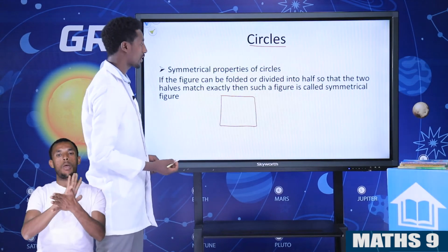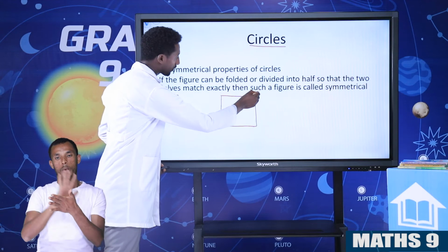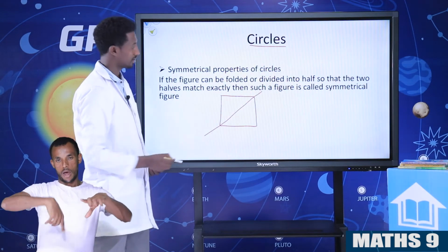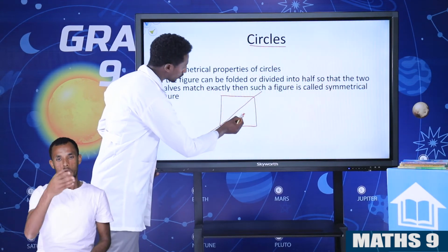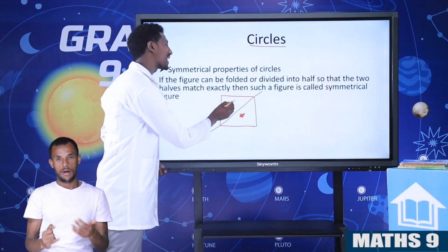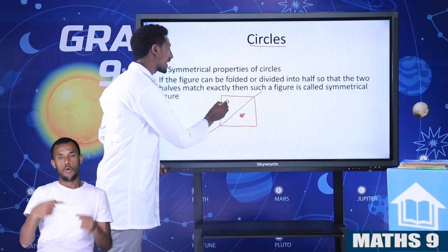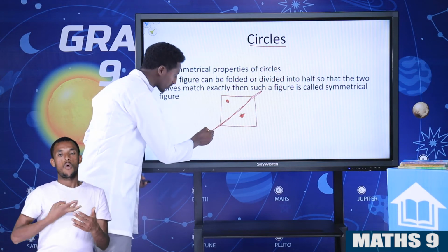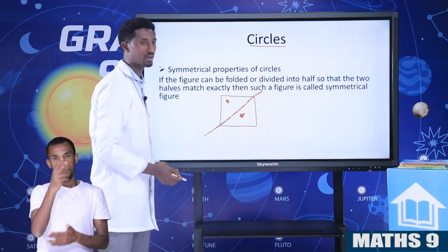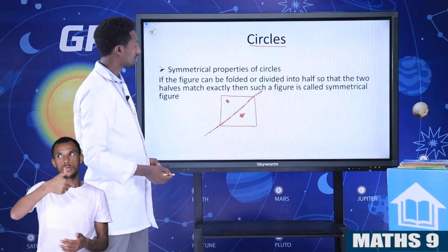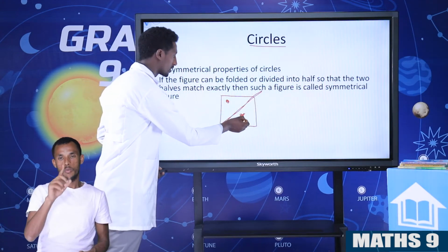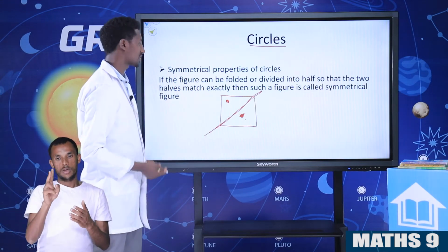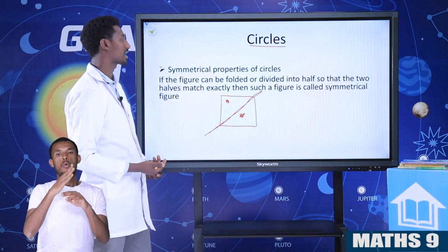If we fold along this line, one half of the figure is exactly congruent to the other, and if we fold along this line, one half coincides with the other half. In such cases, these figures are called symmetrical figures.